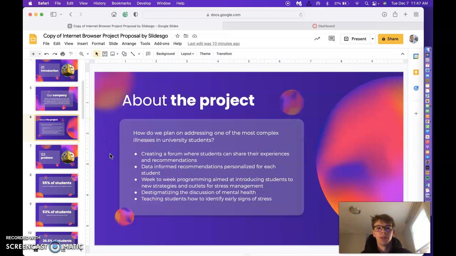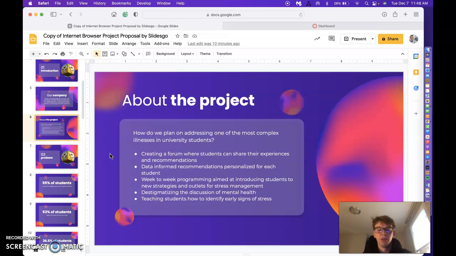So basically about our project, this is a very complex problem and one that's become very prevalent over the last few years, and especially got exacerbated by COVID and was basically accelerated.